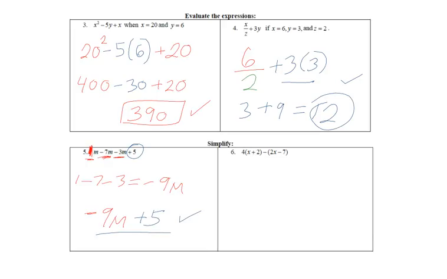Okay, question 6. In question 6, we can accomplish our answer by distributing. First, 4 will multiply to x and to 2. So 4 times x is 4x.